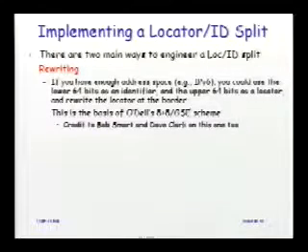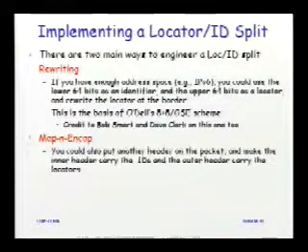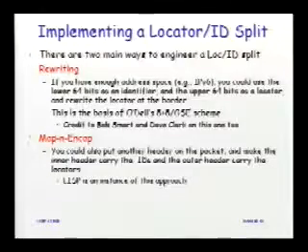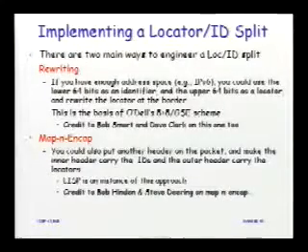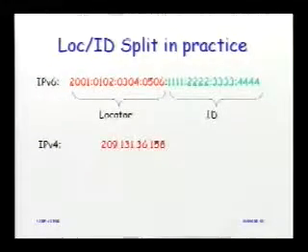When I wrote this slide, Noel made sure to tell me that Bob Smart, who I don't know, and Dave Clark need credit on this one too. And the map-and-encap scheme was to just put another header on the IP packet, as Dino said, make the inner header the ID, and the outer header carry the locators. And LISP is an instance of that. Actually, credit to Hinden and Deering, I think, who were the first out in front on that one.